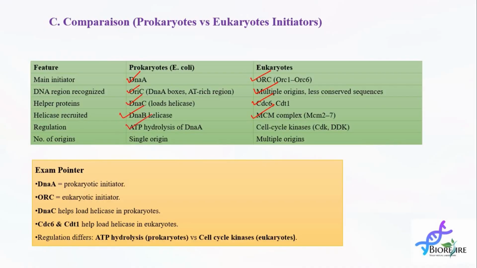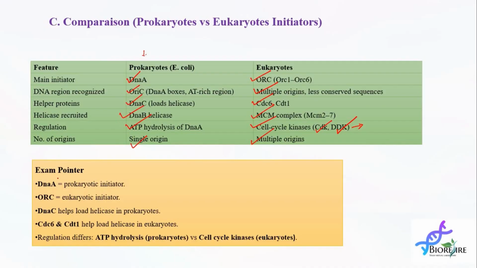It is regulated by ATP hydrolysis in prokaryotes, and in eukaryotes by the cell cycle kinases, CDK and DDK, which help to activate the initiator complex. The number of origins is only one in prokaryotes, and multiple in eukaryotes. These are the key differences, or comparison, of initiators in eukaryotes and prokaryotes.